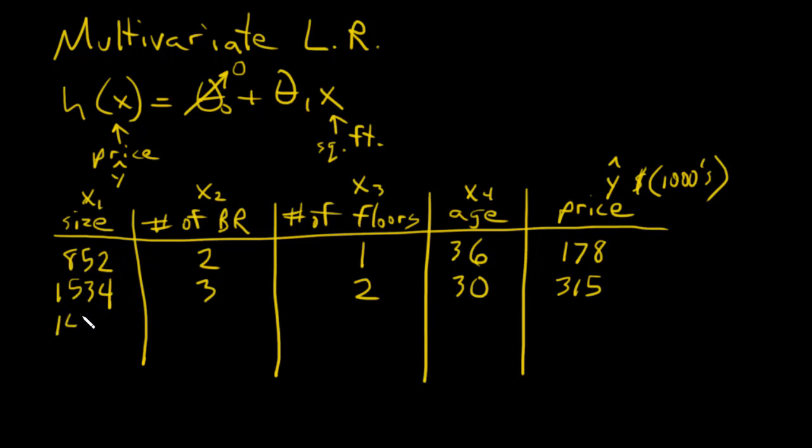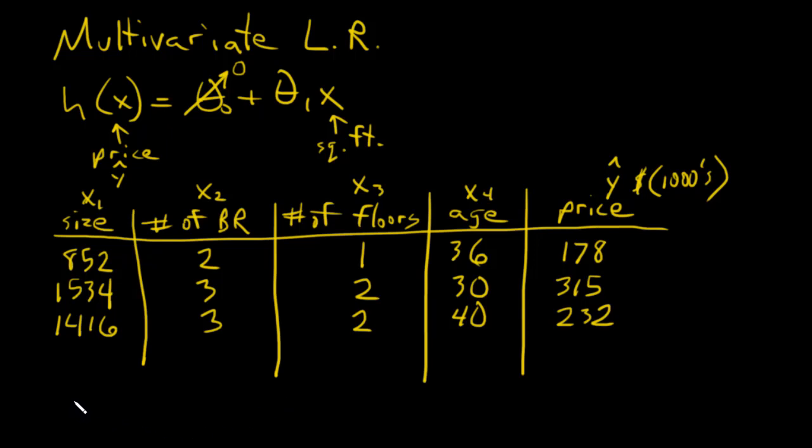And finally, let's say that we had 1,416 square feet, 3 bedrooms, 2 floors. Maybe it's 40 years old now, and it's worth 232,000. Okay, so we now have this nice little table of all the different features, our 4 features, and that's going to help predict the price a little bit better.